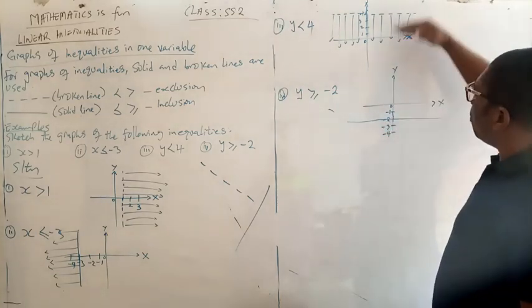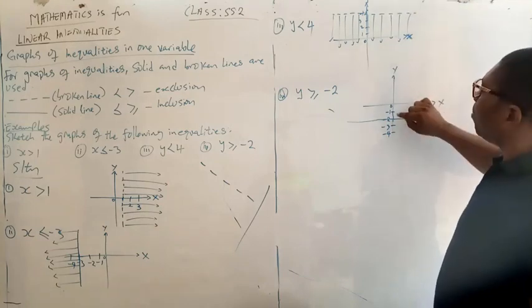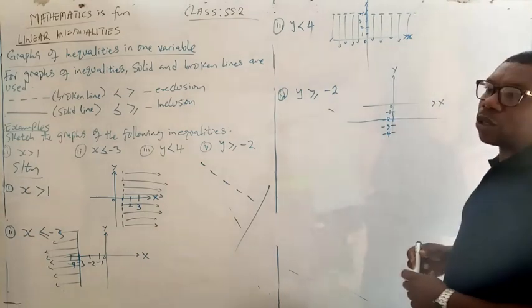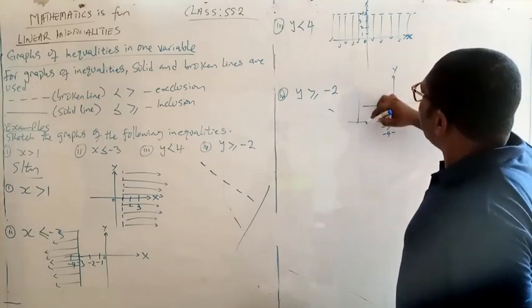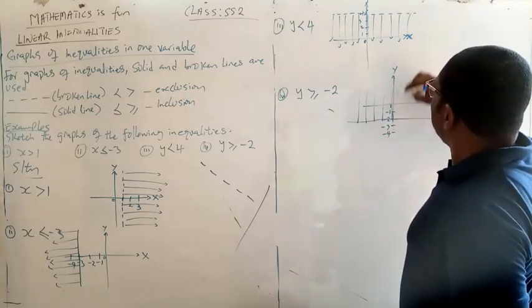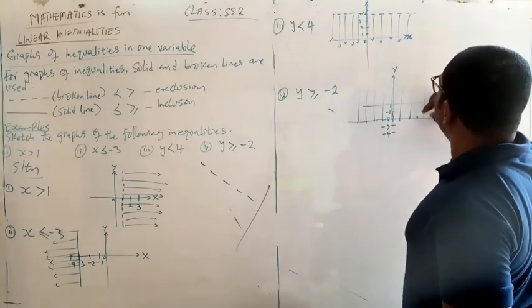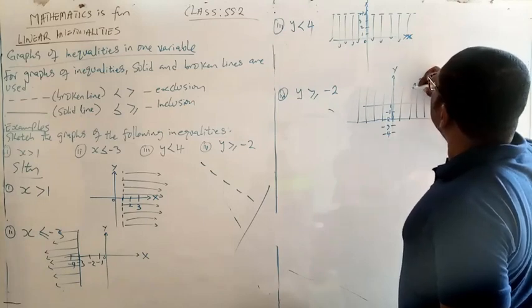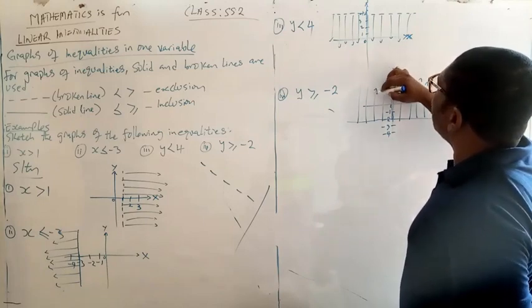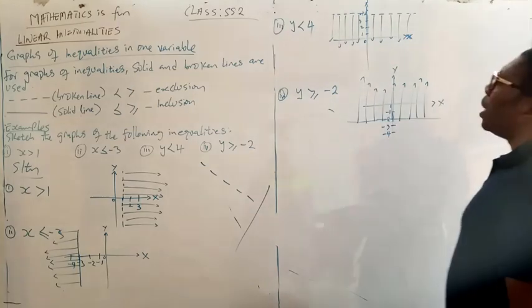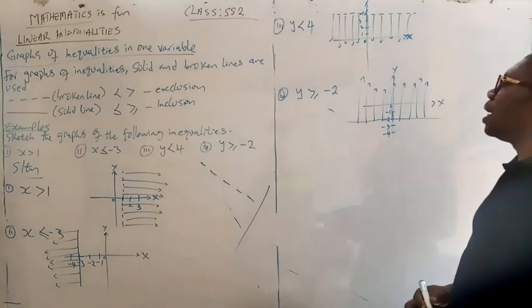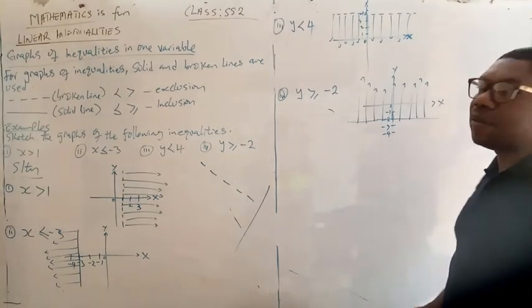From these two, up, the numbers there are greater. -1 is greater than -2. So you have them this way. This region is required. So that shows y greater than or equal to -2.